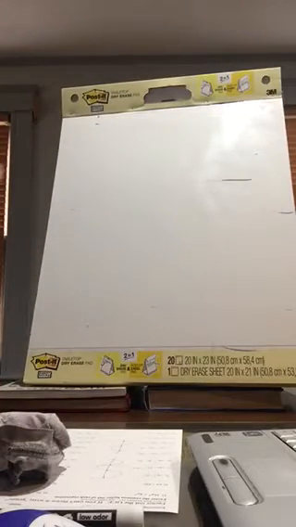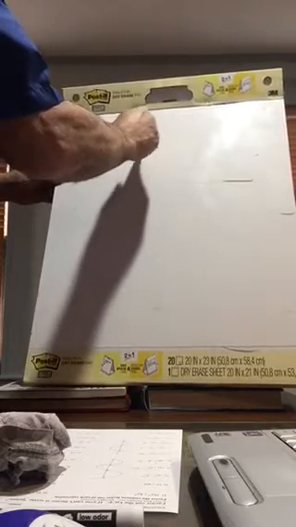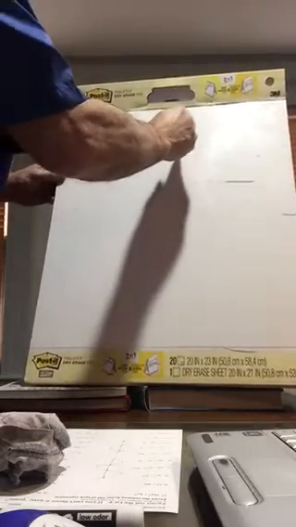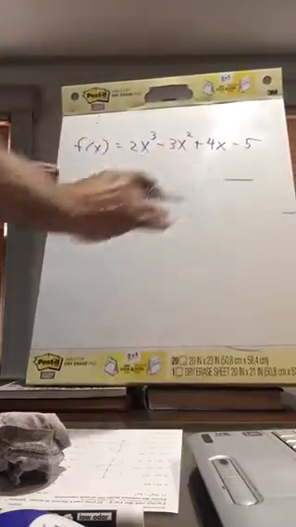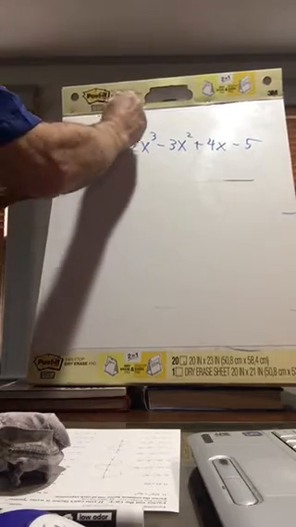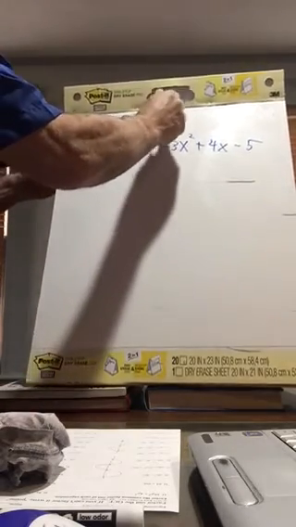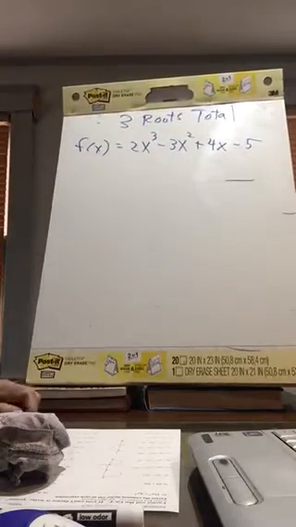So we take our equation. That's a cubic equation, so we need a total of 3 roots total. We're going to find out how many positive, how many negative, and how many imaginary.